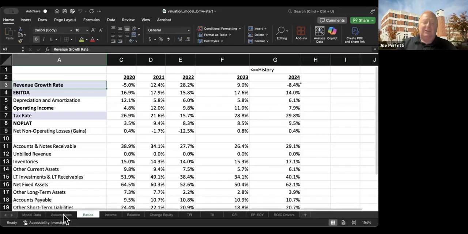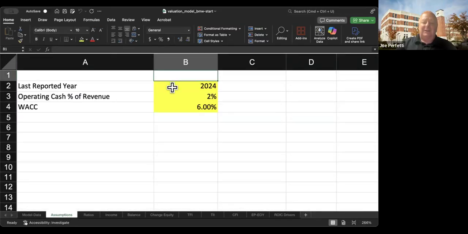And you'll notice here under the assumptions tab, these 3 cells are yellow, okay? Now I picked the color yellow. You can pick whatever color you want, but once we build this reusable model, which has a lot of formulas and a lot of things tied to other things, we don't want to accidentally break it. So if I go from BMW to Procter & Gamble, I want to know that if I put Procter & Gamble's data in, that I can actually change some things to get a valuation of Procter & Gamble.